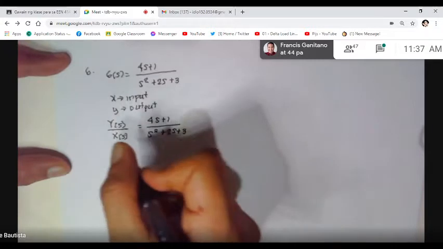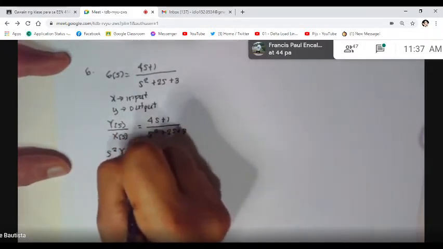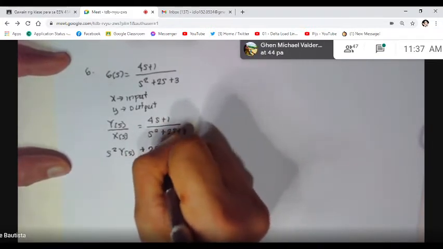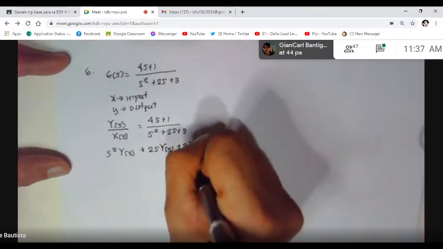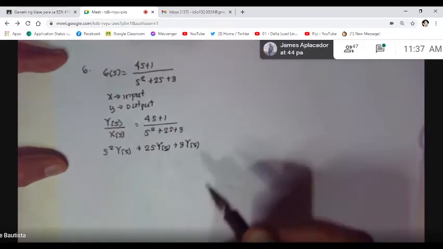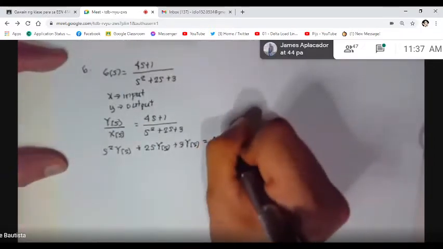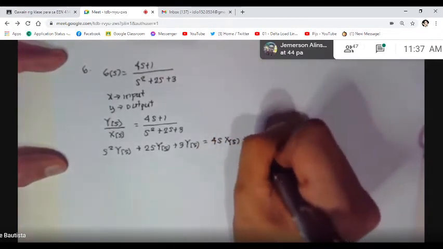So we have s squared Y sub s plus 2s Y sub s plus 3 Y sub s. Di ba? Cross multiply tayo. Then that is equal to 4s X sub s plus X sub s.